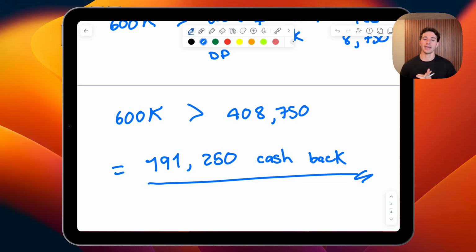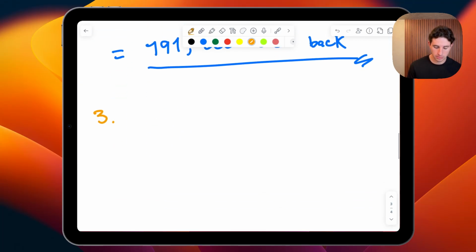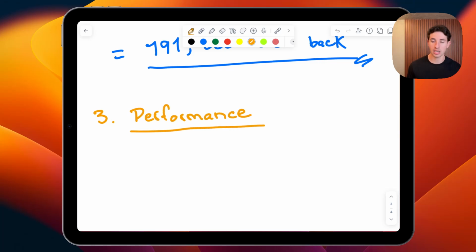And the third question I get a ton, which comes together with how do I know how much I'm gonna cash flow on the property? How much can I offer the seller monthly payments on the seller finance? I like to call this performance, and it's all about reverse engineering.